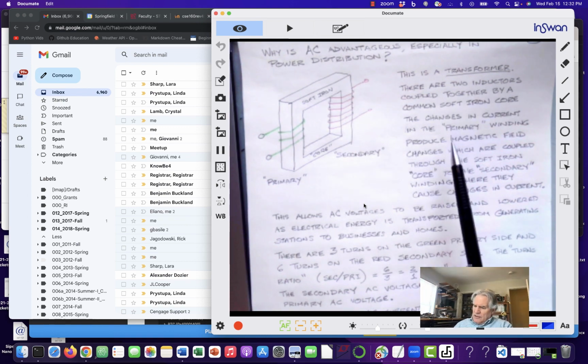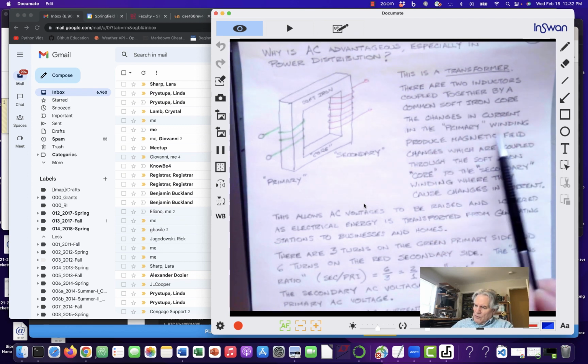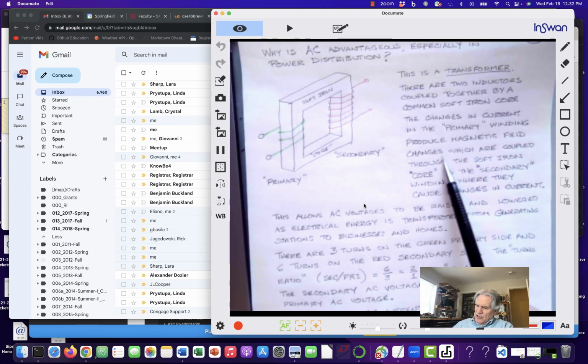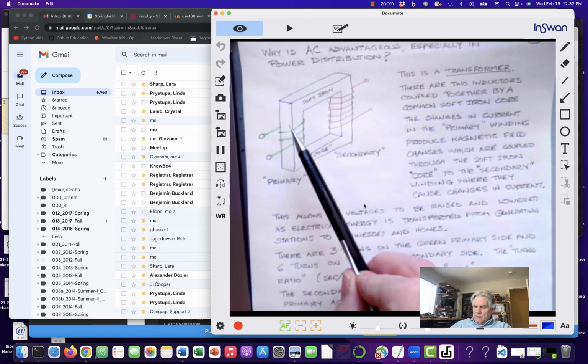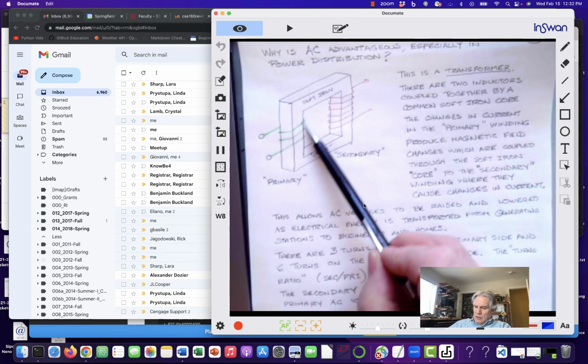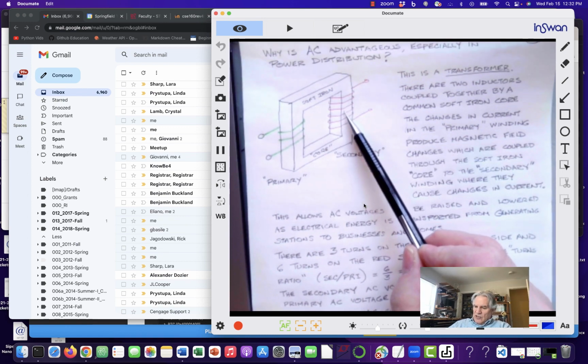So the changes in current in the primary winding produce magnetic field changes, which are coupled through the soft iron core to the secondary winding, where they cause changes in current. So here I go: current coming in, magnetism, and then the changing magnetism causes current to come out of here.